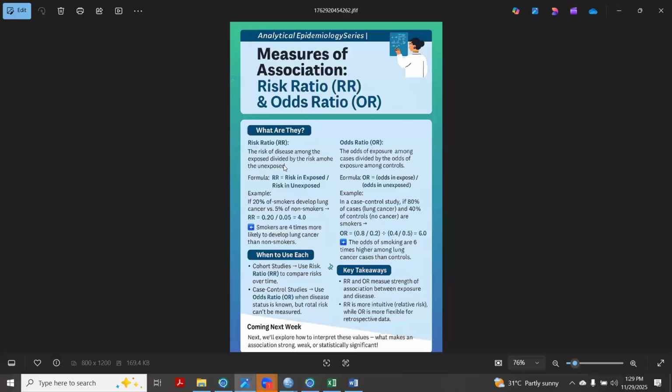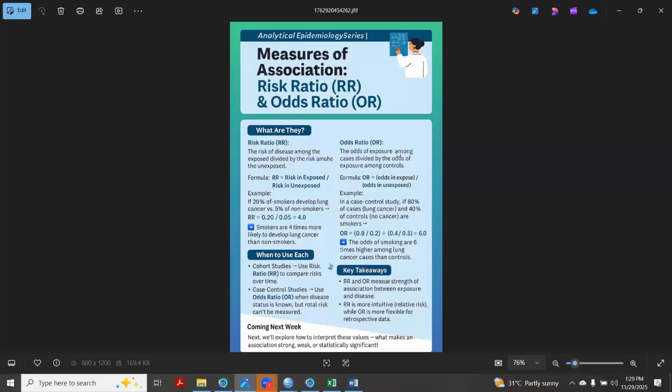But why is the first one risk and the second one odds? Their interpretation is the same, but one is risk, the other one is odds. Now, why is this one risk and why is this one odds? The one that is odds is probability. Anything odds is probability.